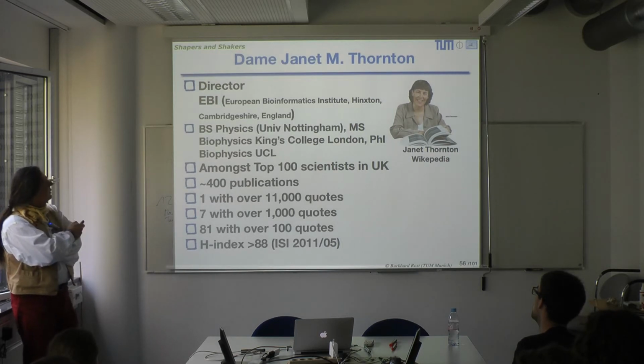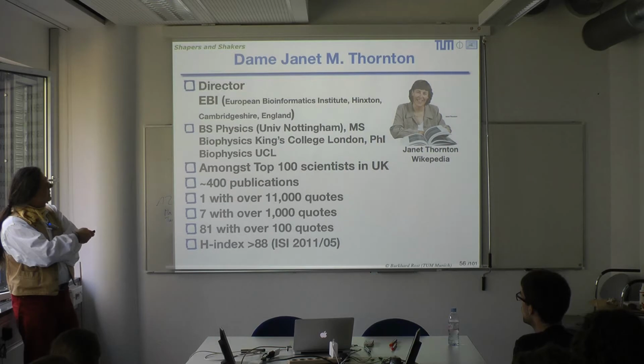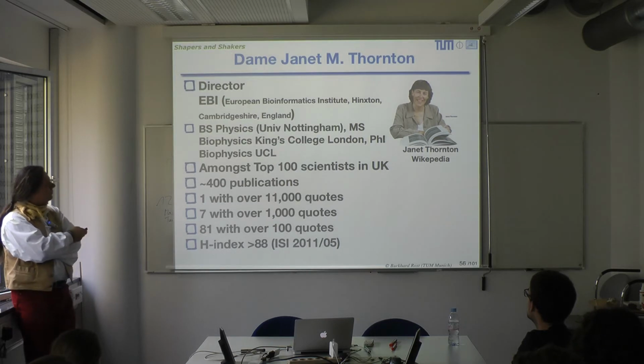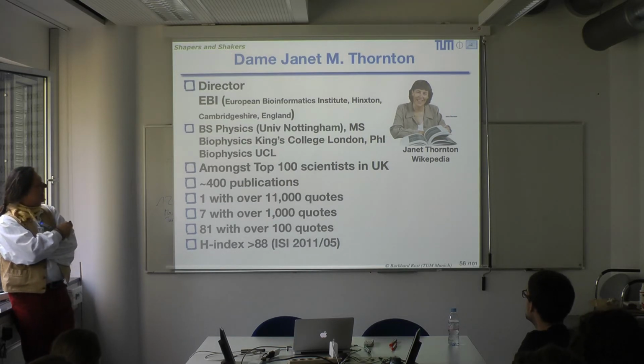Janet Thornton, who is the current director of the EBI, the European Bioinformatics Institute in Hinxton, Cambridgeshire, England. She has a bachelor's in physics from Nottingham, a master's and a PhD in biophysics at UCL, University College London, and was many times listed by various public magazines, Time and the like, as one of the top 100 scientists in the UK.